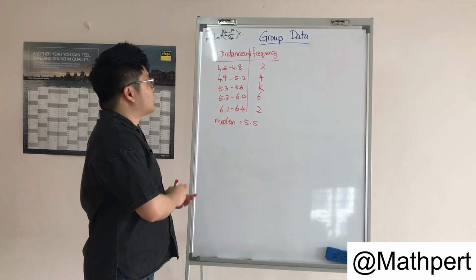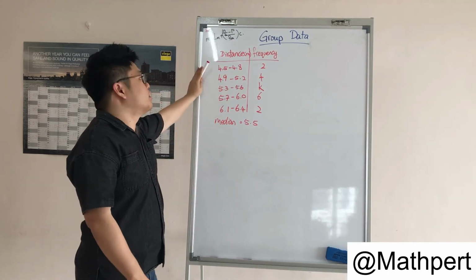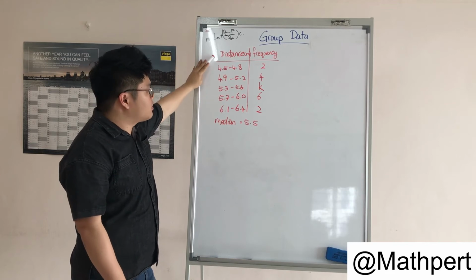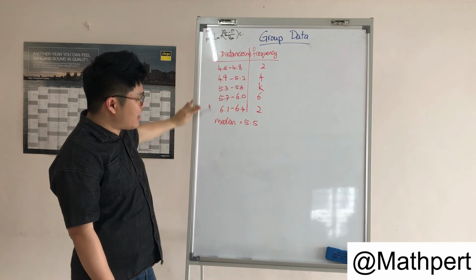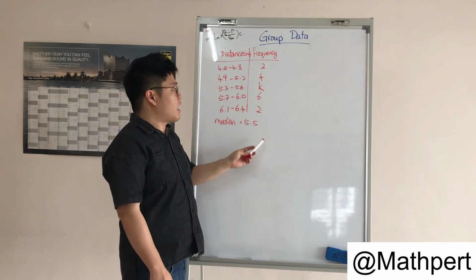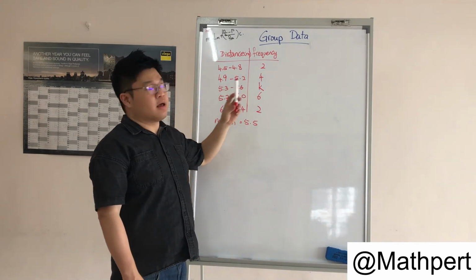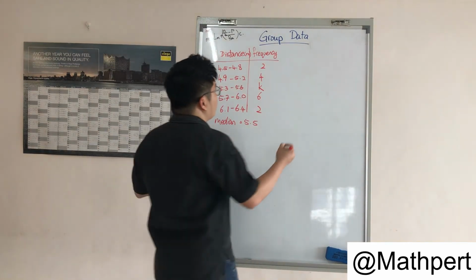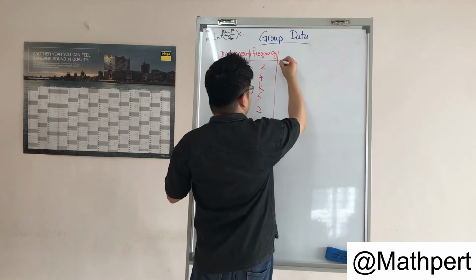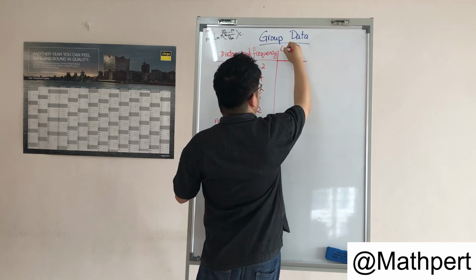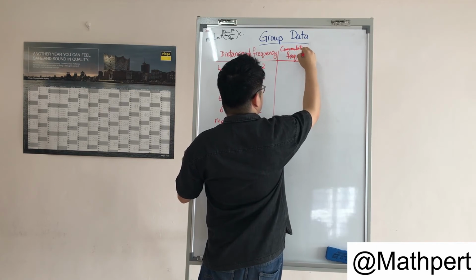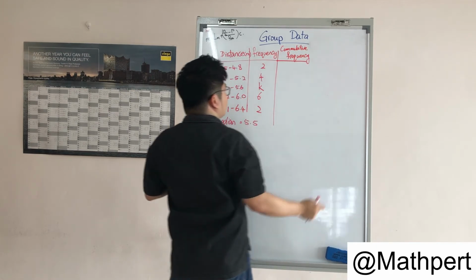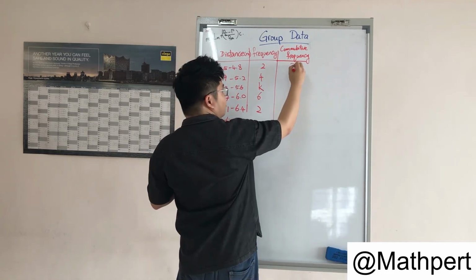Okay, now let's take a look at this example. Given by the question, this table and the median of this data is 5.5, and we are asked to find the value of k. So before we start, let us calculate the cumulative frequency. So first one is 2.